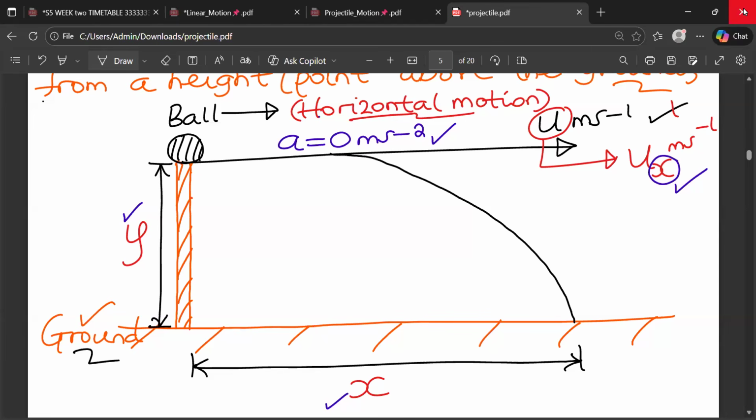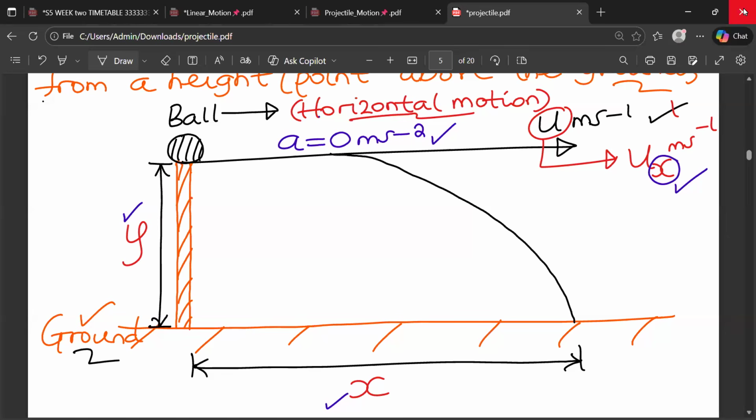I want you to understand that this Ux means initial velocity, but horizontally. Now I'm asking for initial velocity, but vertically. What do you think that value is?